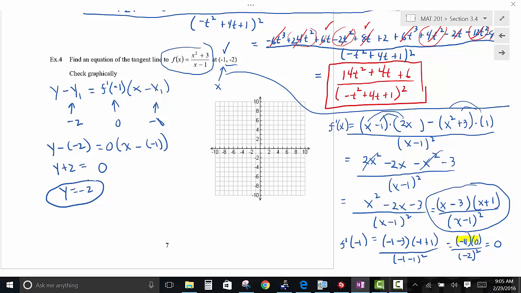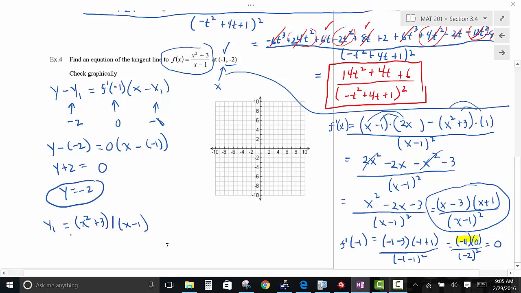All right. Now, what I'd like you all to do is put this in your graphing calculator, the original. If you got your graphing calculator, put it in like this, and I'll display my calculator in just a minute. Just put in x squared plus 3 divided by x minus 1, and graph it in the standard window.